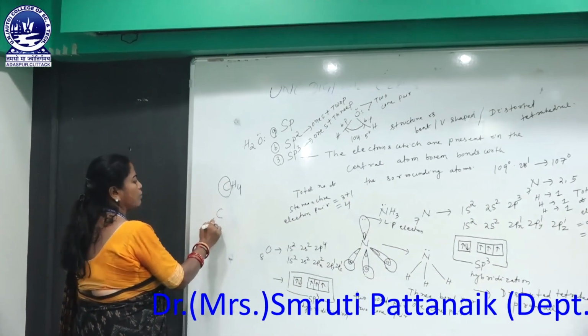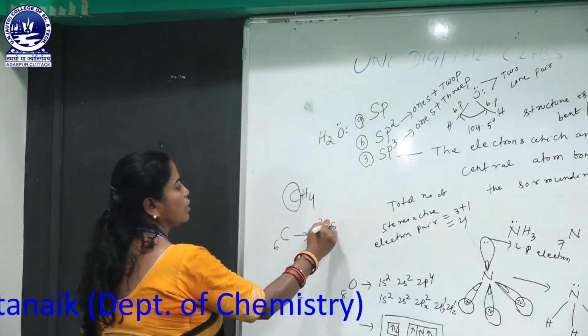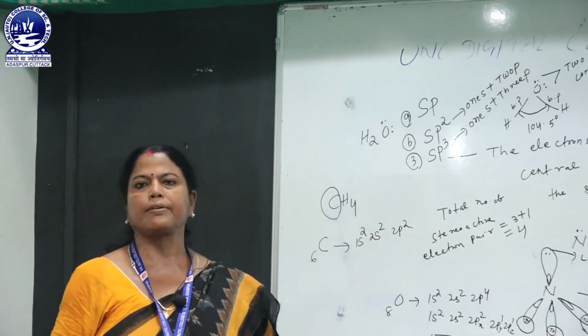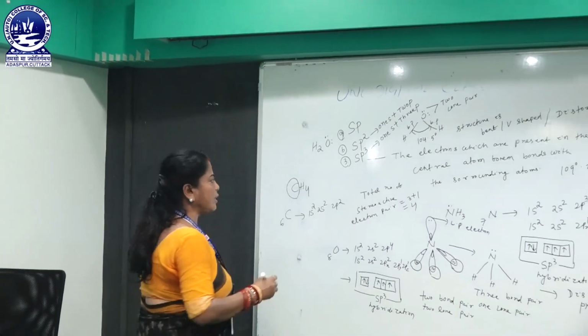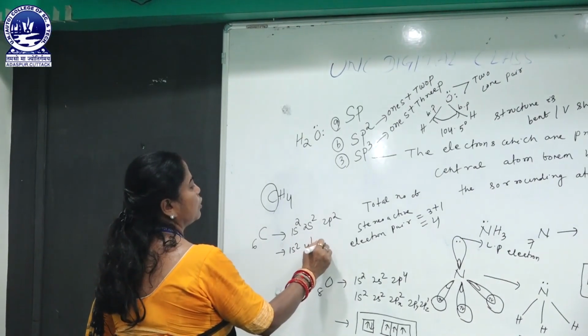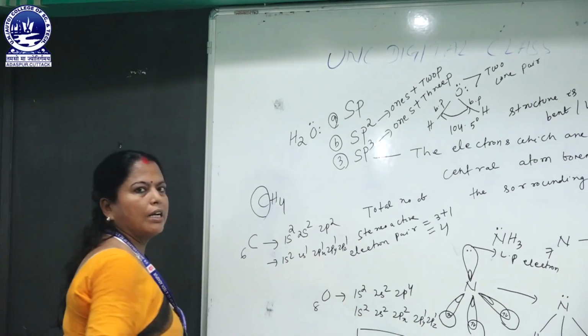The atomic number is 6, and the configuration is 1s2, 2s2, 2p2 in the ground state. In the excited state, it becomes 1s2, 2s1, 2px1, 2py1, 2pz1.